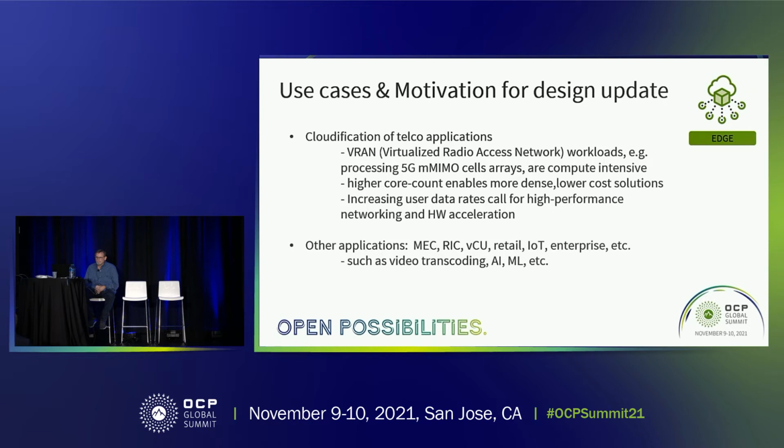Other edge cloud use cases include multi-access edge computing, radio intelligent controller, a part of O-RAN, IoT, cloud gaming, or the enterprise solutions. These perform functions like video transcoding, artificial intelligence, and machine learning, which can also benefit from the use of general purpose GPUs.